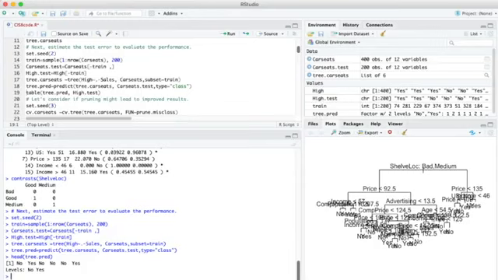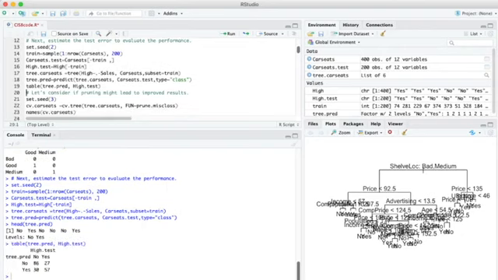Okay. Finally, we build this confusion matrix, or the classification table, and we can see that on the row part is the predicted value. We predict this to be no, and we predict this to be yes, and on the column part is the actual value.